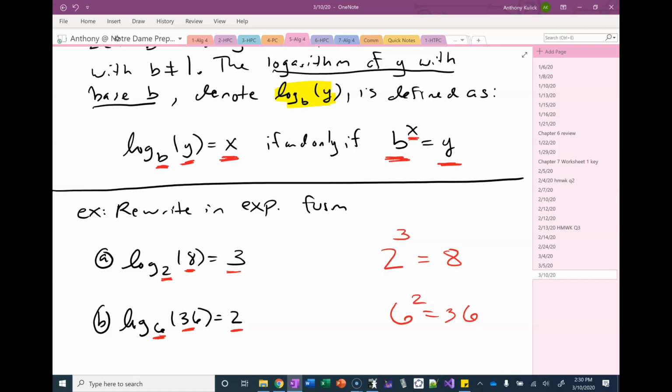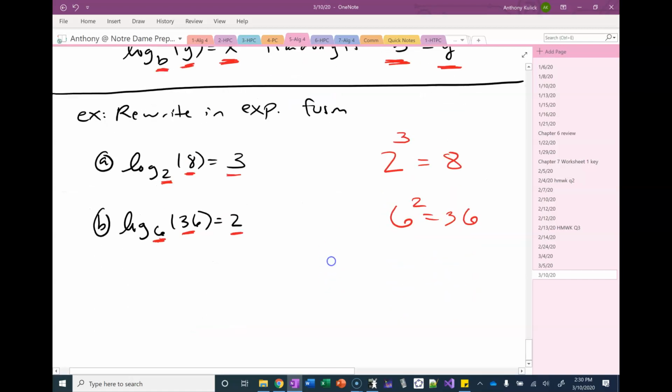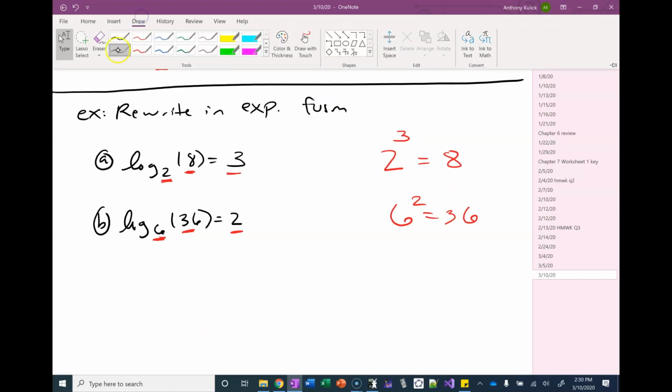So the logarithm is giving me the answer to something like 2 to what power gives me 7. What the logarithm is telling you is the exponent that needs to be on 2 to give you 7. Now that's not a whole number, right? We know 2 to the second is 4 and 2 to the third is 8. So it's going to be some crazy decimal in there. Okay.